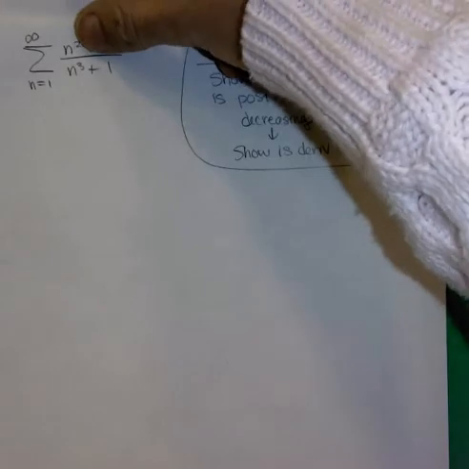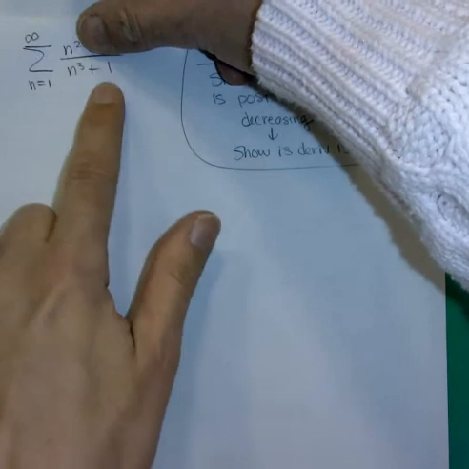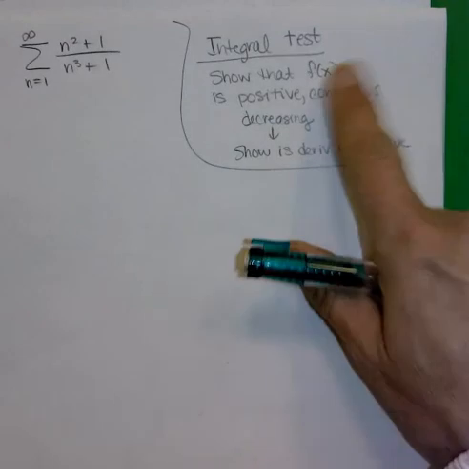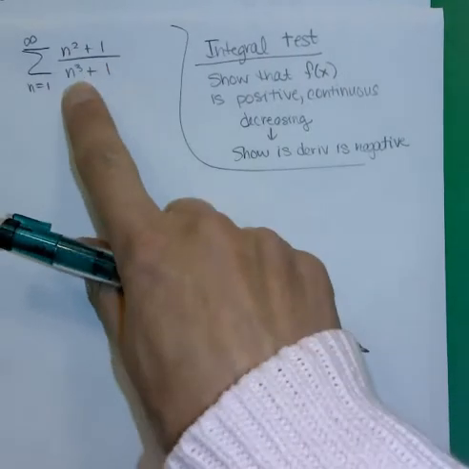And if it were just n squared in the denominator, then making a u substitution would mean the integral would be relatively easy to evaluate. The f of x, when I talk about the f of x, it's just you replace all of the n's with x's.